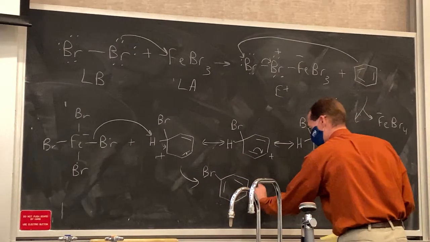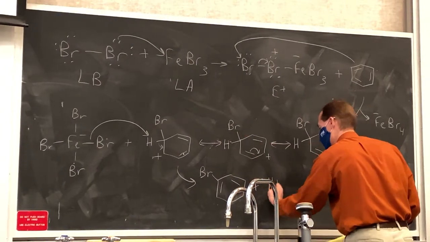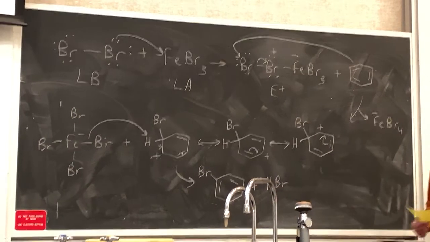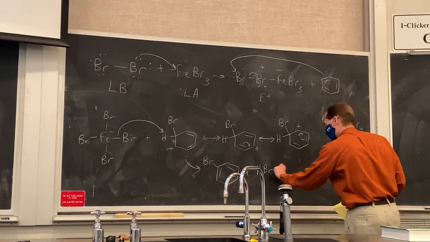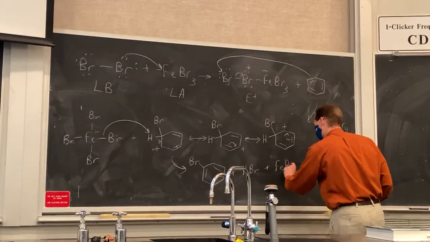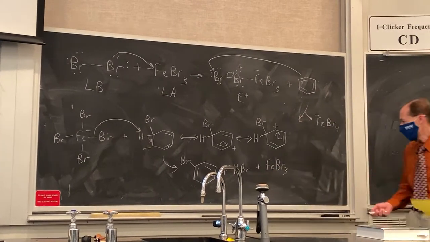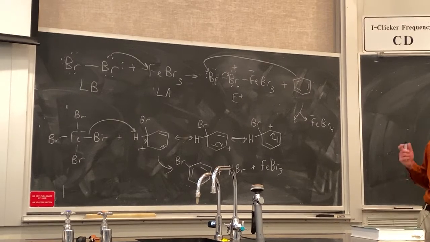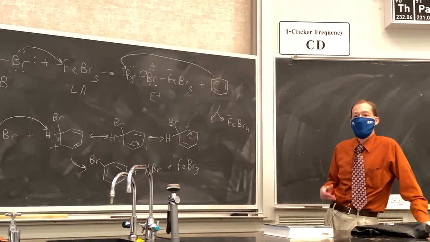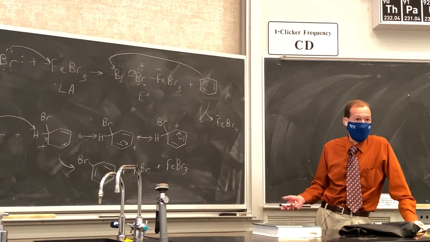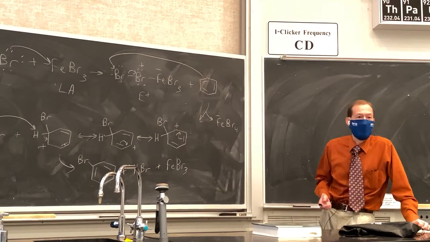Okay, and then you'll see that we're forming HBr. We form one equivalent of HBr in this reaction as a byproduct. And then we're also forming iron tribromide. Since we use that in the first step, iron tribromide is a catalyst in this reaction. It's regenerated, and so you could use it in substoichiometric amounts in this reaction.